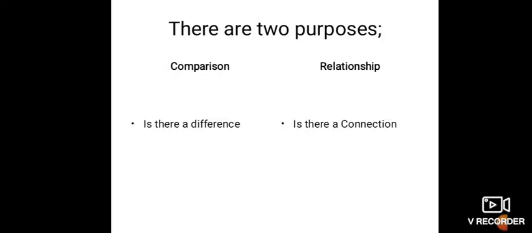At that situation, we are going to look at the purposes, that is, one purpose is comparison and another is relationship. Comparison finds if there is any difference between the two variables, and the relationship identifies whether there is any connection between the two variables.